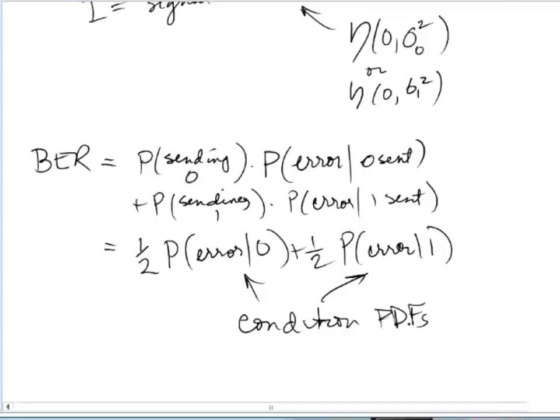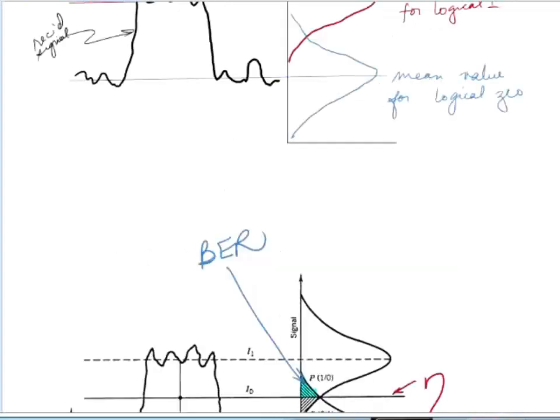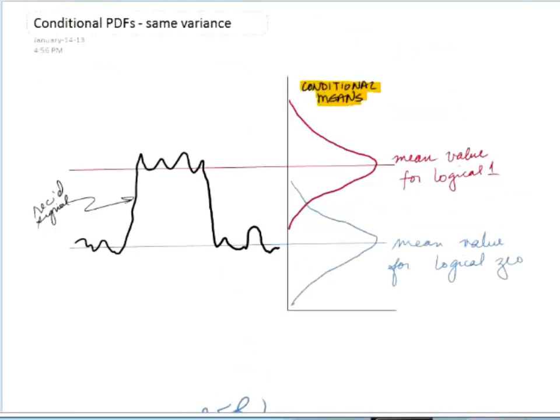Let's think of, first of all, maybe systems that you've seen typically in a digital communications course. In a digital communications course, typically the additive noise is not signal dependent, it's signal independent, which means it has the same variance for both logical 0 and logical 1. So if we look here, we have the received signal, which is wiggling around 0, jumps up, wiggles around 1, goes down, wiggles around 0.